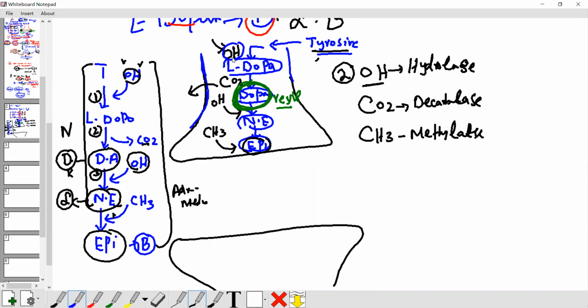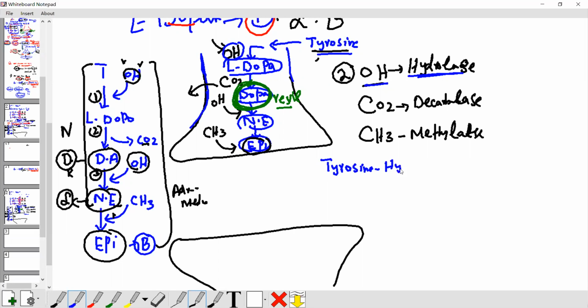How do you add OH? We have two hydroxylases. Number one, first hydroxylation, tyrosine hydroxylase. Understand?